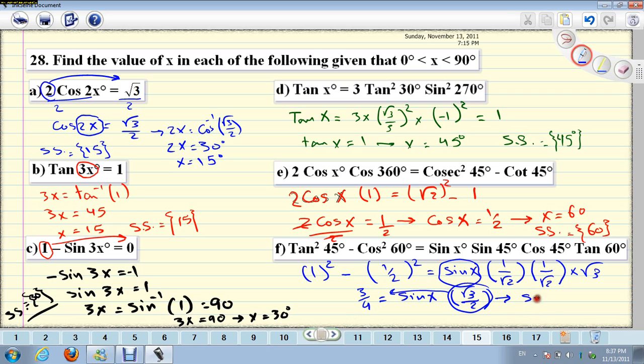So sine x equals 3 over 4 divided by root 3 over 2, and now sine x equals root 3 over 2. Use the calculator to get the answer, and the solution set will be 60.